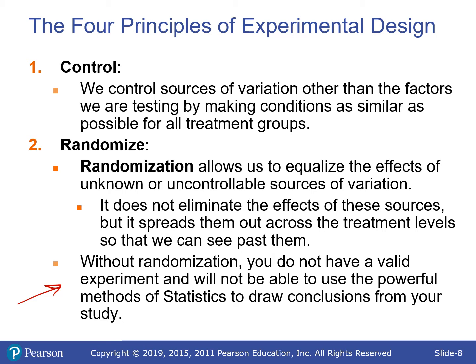Randomization is huge. I know we'll see it in a little while, but one of the things that gets people is they'll say that since the subjects were volunteers, it wasn't a good experiment. That's not true. Most experiments do work with volunteers. You then randomly assign the volunteers to treatment groups.